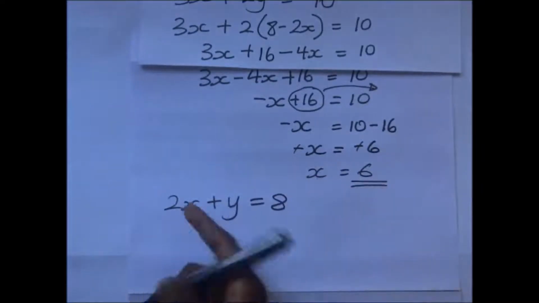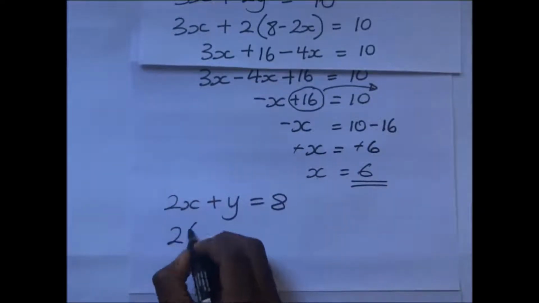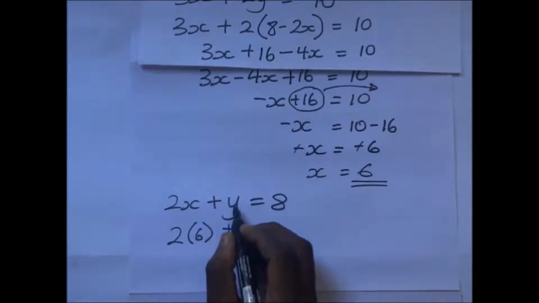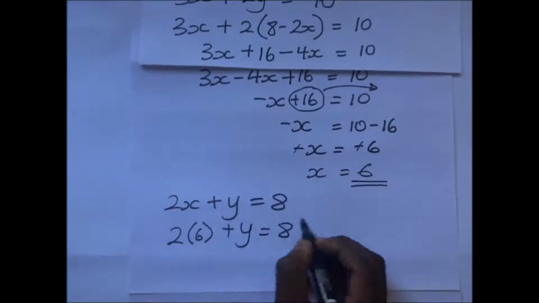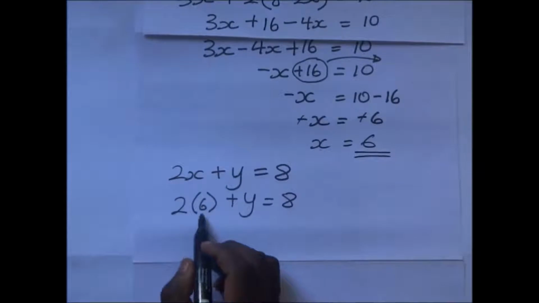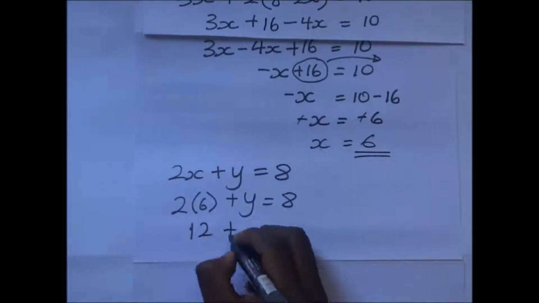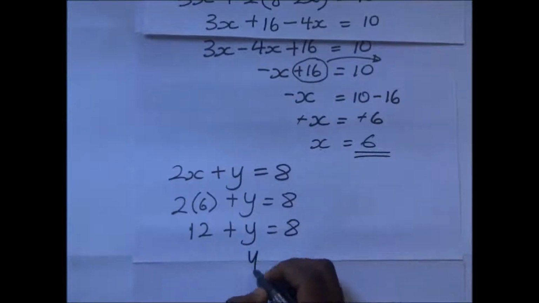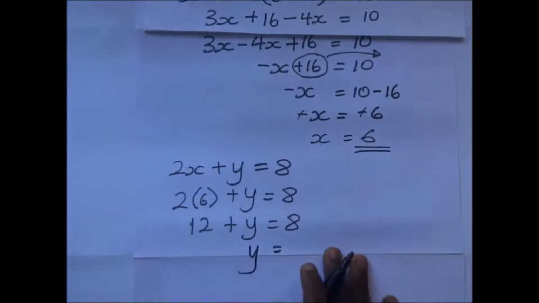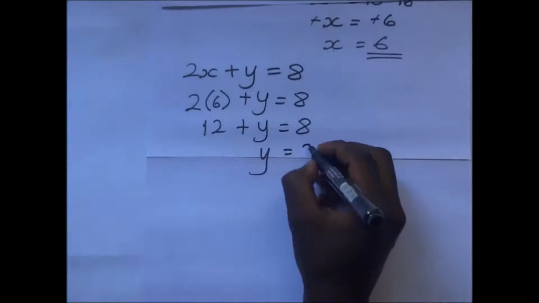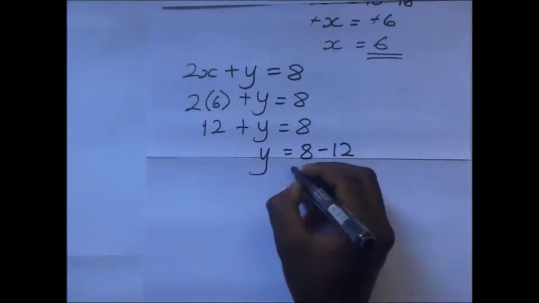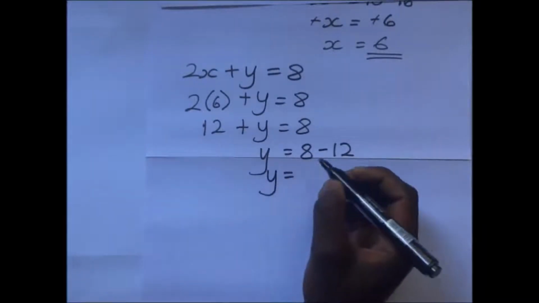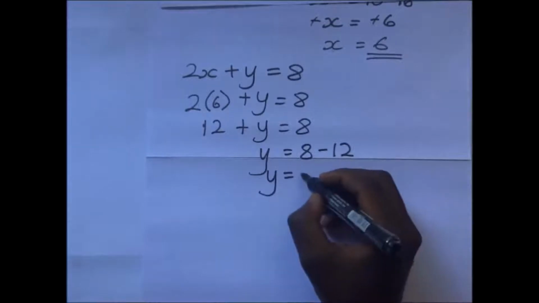So in our first equation, 2x plus y is equal to 8, we substitute the value of x, which is 6, so it becomes 2 times 6 plus y is equal to 8. 2 times 6 is 12, plus y is equal to 8. So definitely this is going to give us y being equal to 8 minus 12, and we will get our value of y as -4.